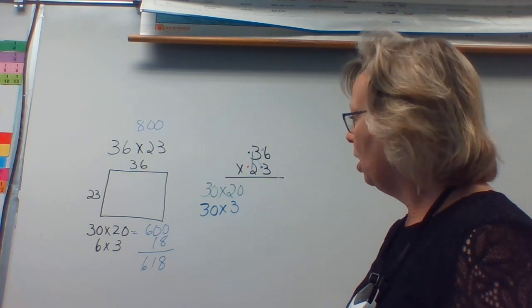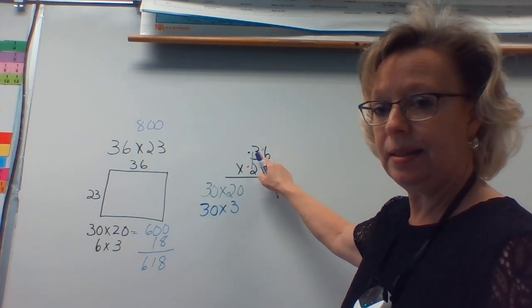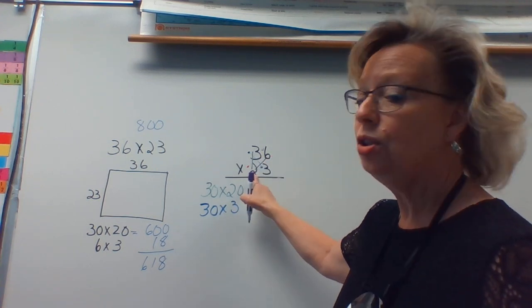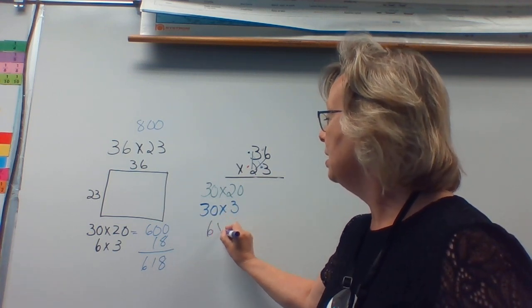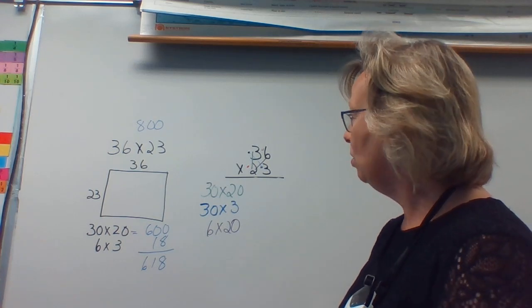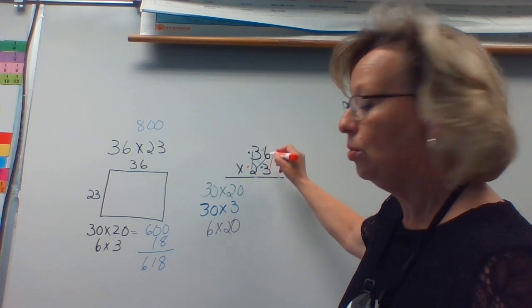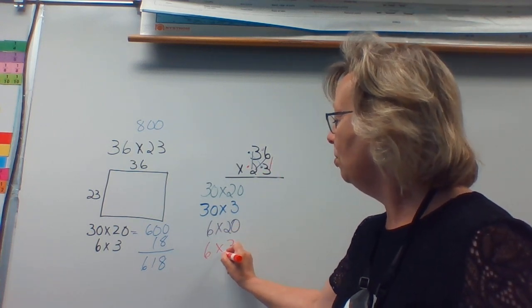My next partial product comes from this 6. This 6 crosses over to that 2, which is 20, so I can do 6 times 20. The last equation is 6 times 3.